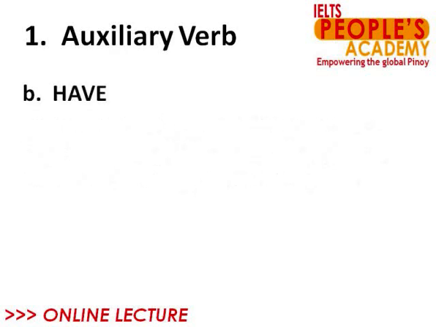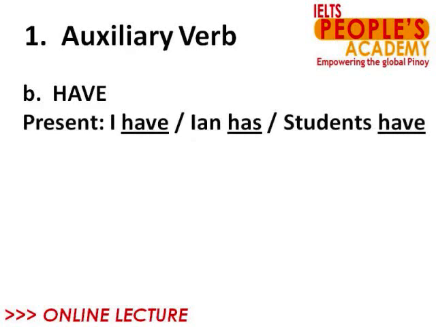Now, moving on to the second family of the auxiliary verb, I introduced the verb have. And for the present tense, it has 2 versions. If your subject is I, pertaining to yourself, of course, you usually make use of have, as in I have. If the subject is singular, say for example Ian, we make use of has, and if it's a plural subject, we make use of have, as in students have.